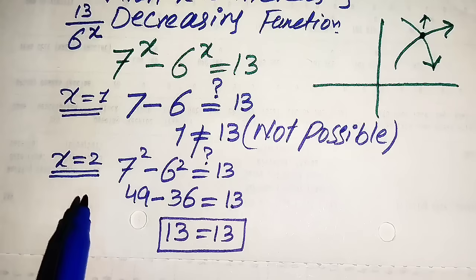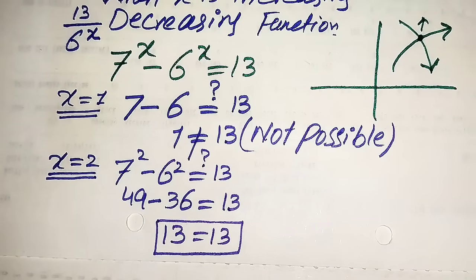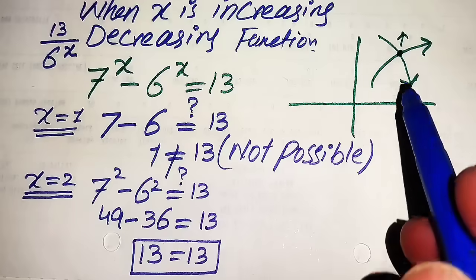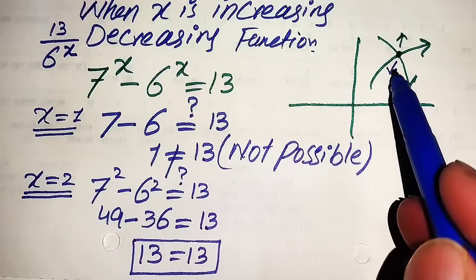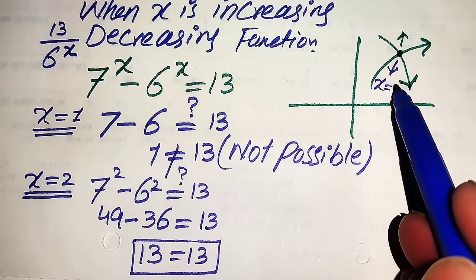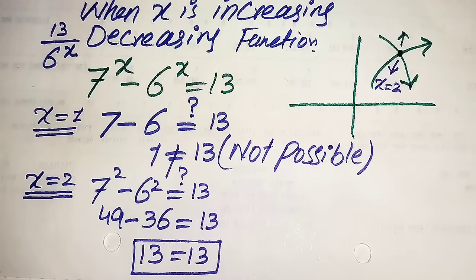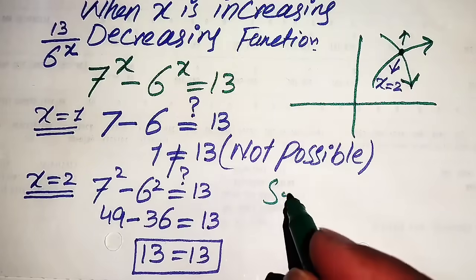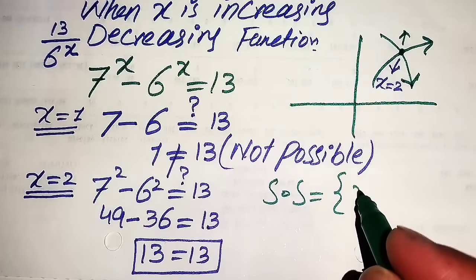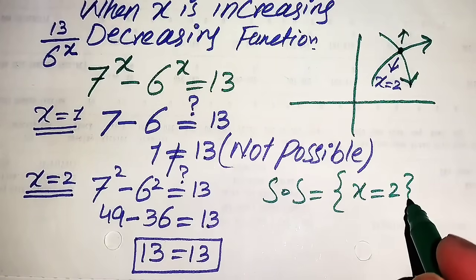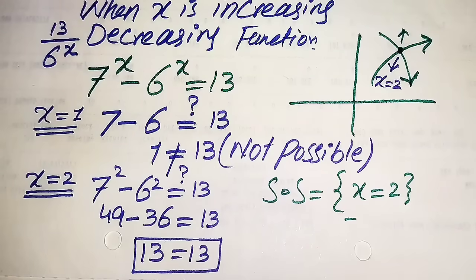So this shows that x is equal to 2 satisfies our given question statement, and we finally conclude that this is the point where x is equal to 2. Okay, so the solution set of this question is x is equal to 2. So x is equal to 2 is the only solution of the given equation.